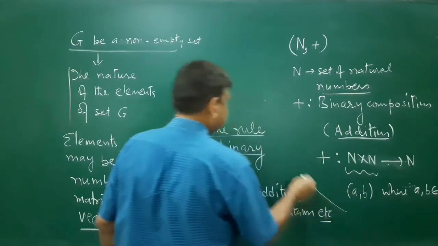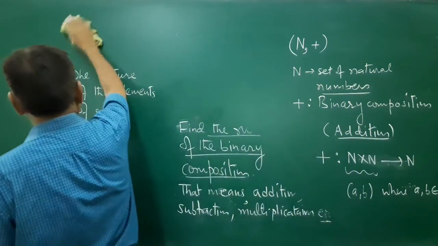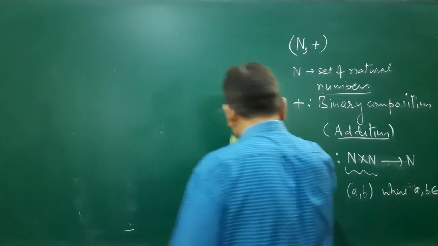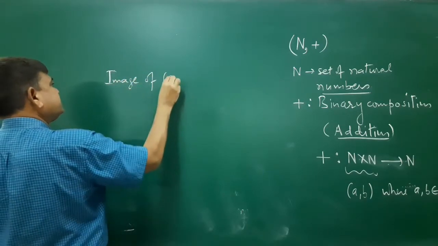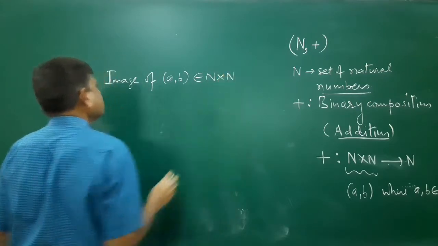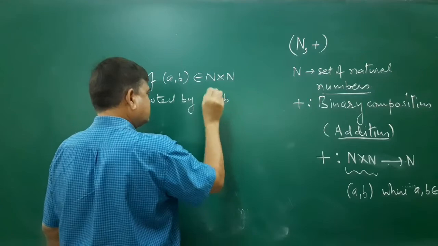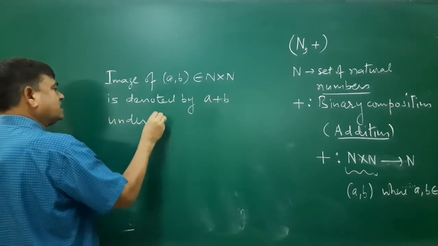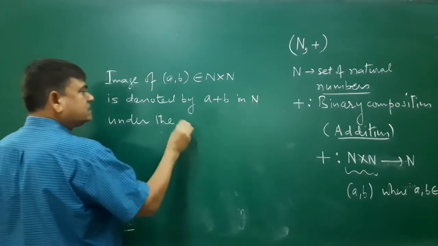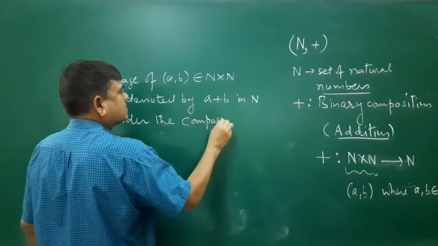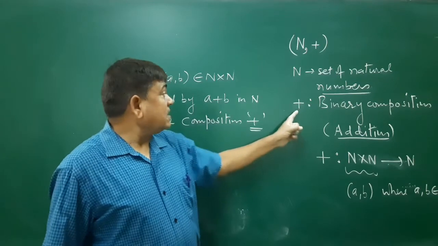So here I write the image of (a, b) is denoted by a plus b in N under the composition plus. If this is denoted by star, then here it will be a star b.